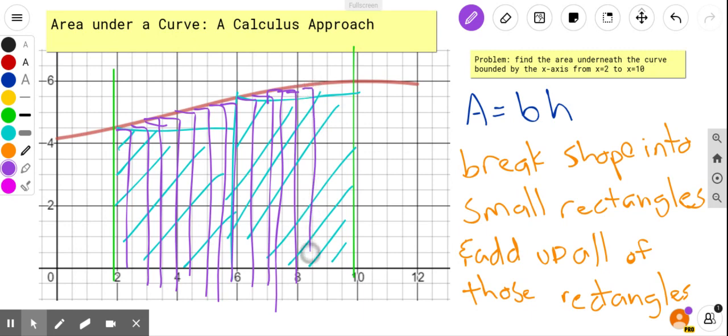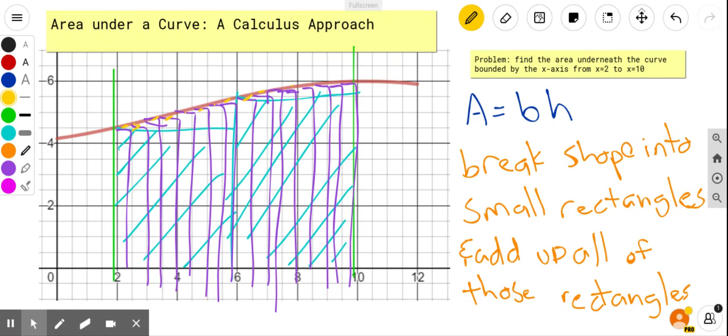As you see, I am making more and more rectangles. So automatically my guess is going to be better. However, I'm still missing some spots here, here, here, here, here, here. As I make my way up, there are little spots that are still missing. So even then, I still have to accept this as some sort of estimate because there are still those missing spots, right?